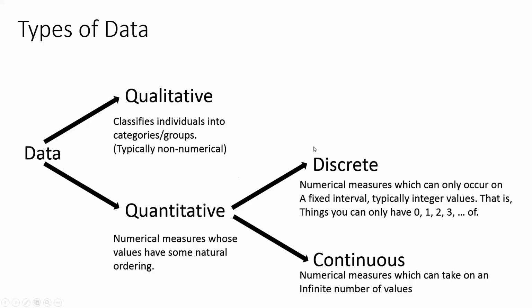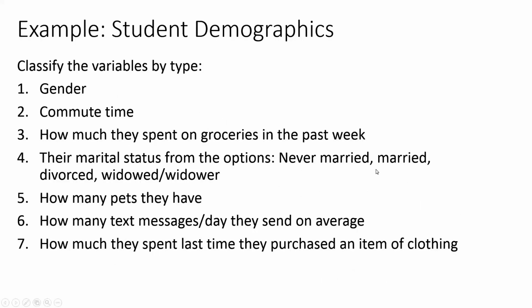All right. So if we look back to our demographic survey, we can go through each type of variable and classify it. So gender. Gender is non-numerical, and it classifies you into a group. So that would mean it would be qualitative. Commute time. Commute time is a quantitative variable because it's numerical.